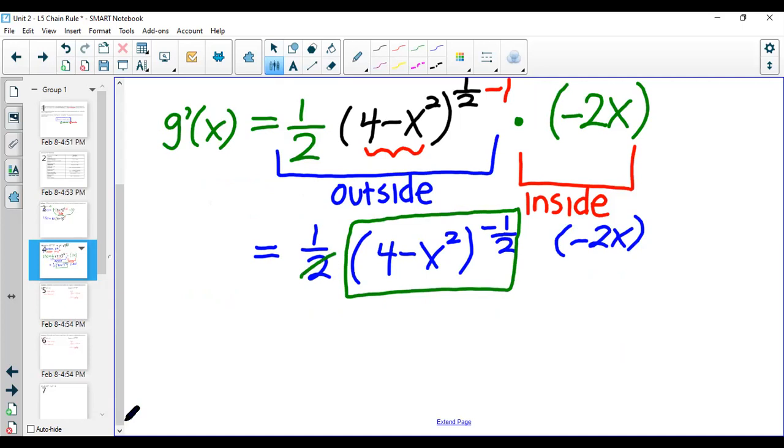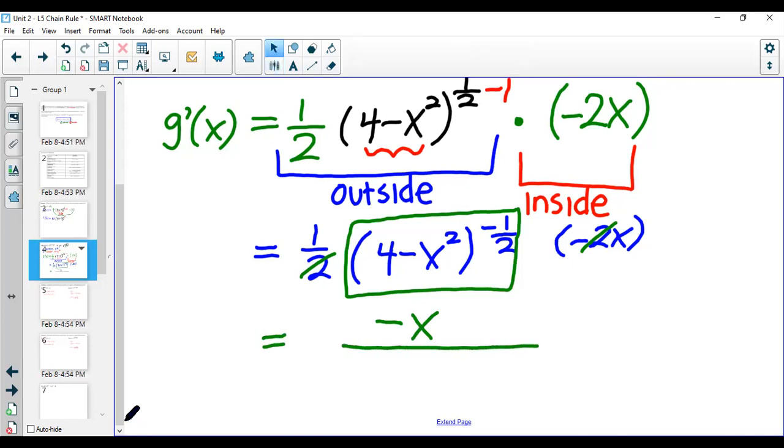This 1/2 cancels out with the 2 in negative 2x. So algebra tells me that I have a negative x left in my numerator, and in my denominator I have 4 minus x squared to the power of positive 1/2, which can be written as the square root of 4 minus x squared.